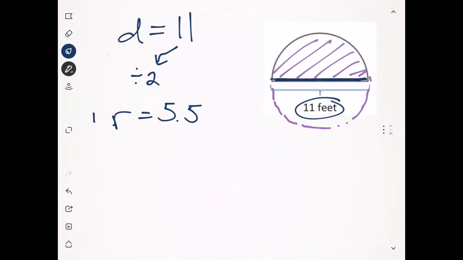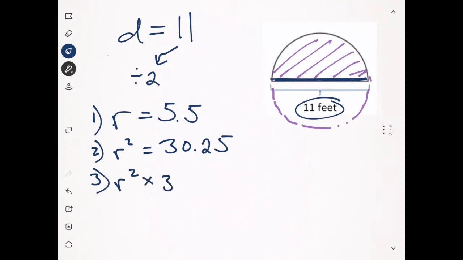That's step 1. Step 2, we square our radius, multiply 5.5 by 5.5, which gives us 30 and 25 hundredths. And then our third step, we multiply that radius squared by pi, which gives us 94 and 985 thousandths feet squared.